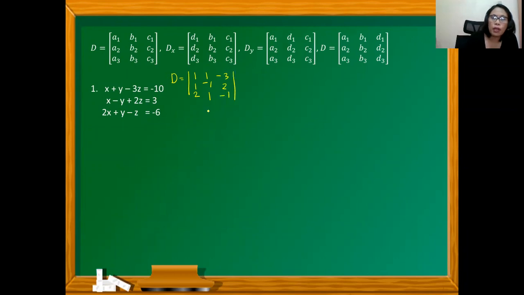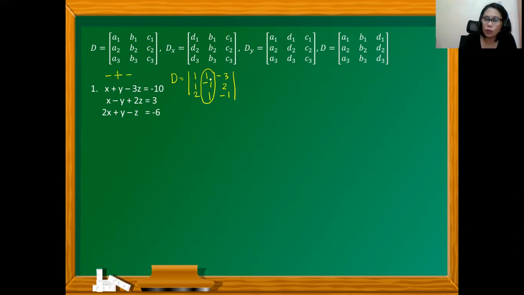So here we need to select a row or a column. If, for example, we're going to consider the second column, we will be working on each element of the second column and multiply each element by its minor. So we will be guided by the sign array, minus, plus, minus.